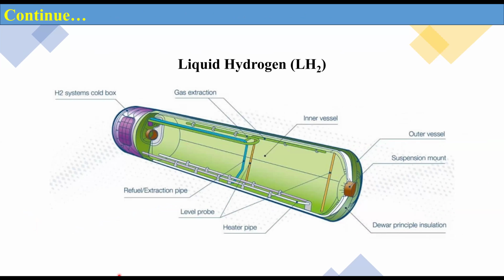So these are the containers where the liquid hydrogen is going to be transported by converting it into liquid form.